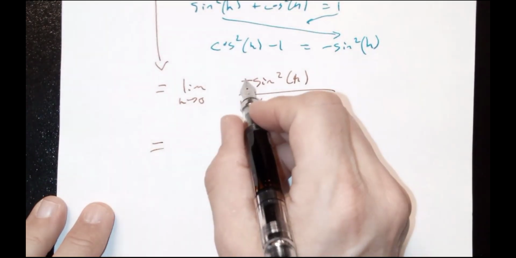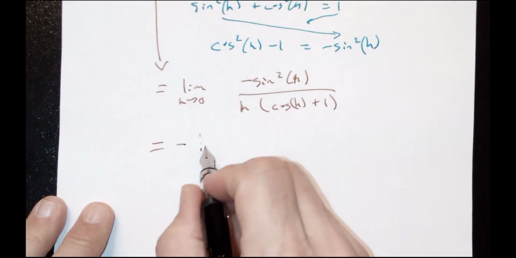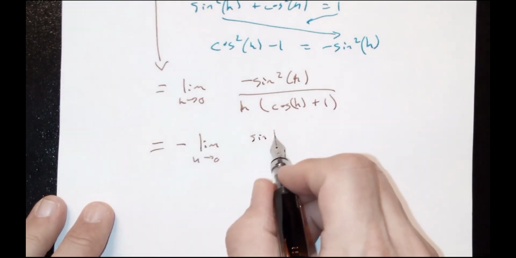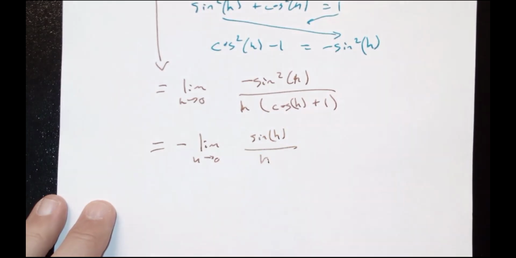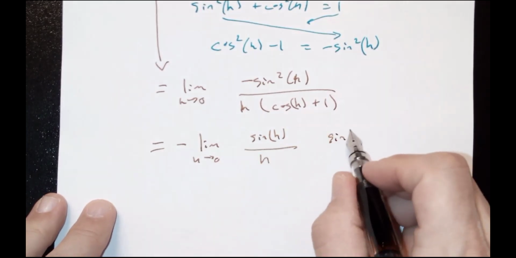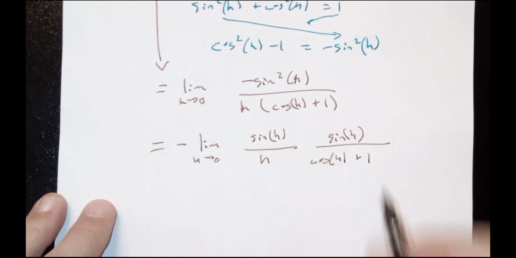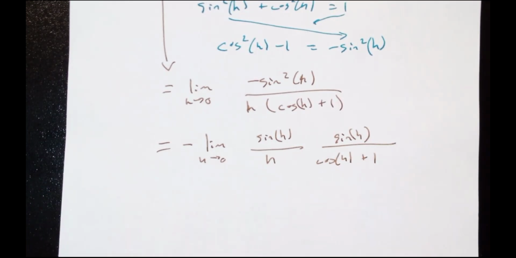The minus sign goes out. Limit h goes to 0. I have 1 sine of h. I'll put that over the h. I have another sine of h. I'll put that over the cosine h plus 1. Because they're multiplied together. That means you multiply the tops and you multiply the bottoms. With me so far?